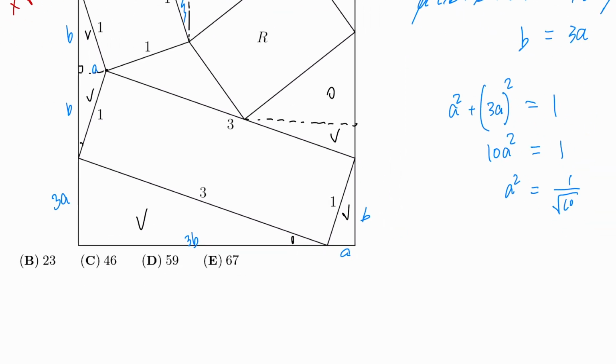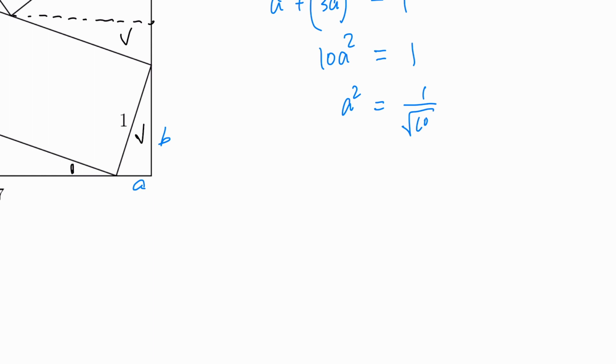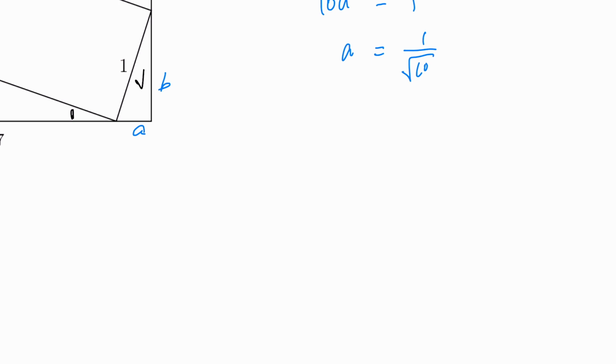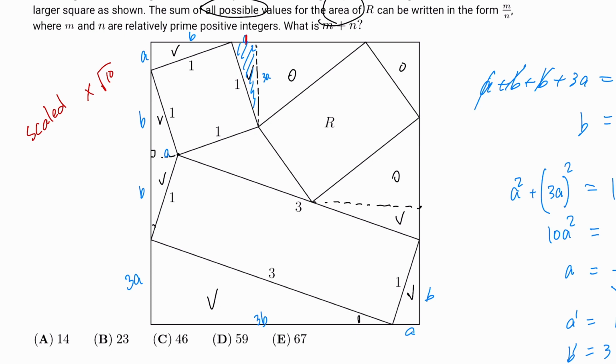Now it is much easier to calculate. Oops, my bad, this is just A, not A squared. If we scale it, then after scaling, A prime is just 1, B prime is just 3. So we can replace that with a 1, replace that with a 3, replace that with a 3.